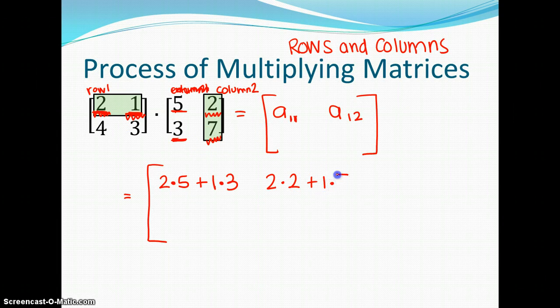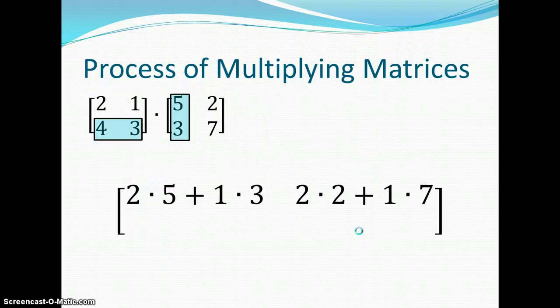So 1 times 7. And I'm going to switch here so that we don't end up with a big mess. Just have the typed out versions here. So this was A11, row 1, column 1, A12, row 1, column 2.